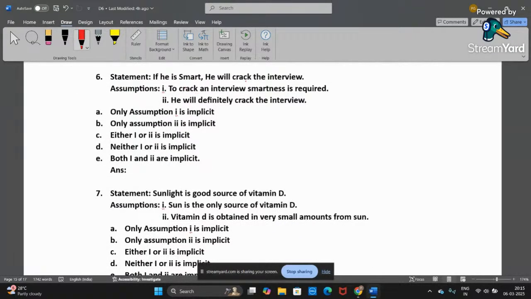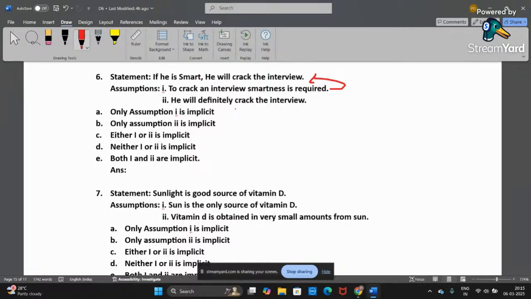If he is smart, he will crack the interview. To crack an interview, smartness is required. He will definitely crack the interview. See, the first assumption is related to the first statement, but the second says he will definitely crack the interview. Here they have not mentioned that someone is going to crack it definitely. The word definitely, or a related word, is not used here.